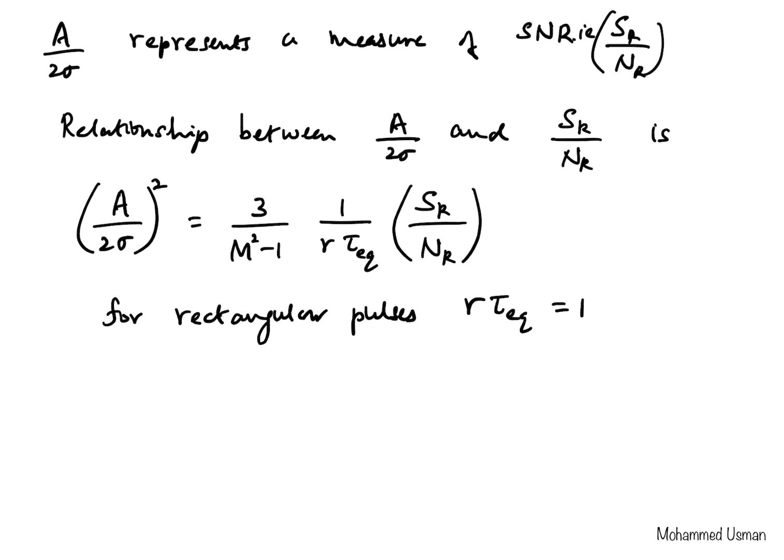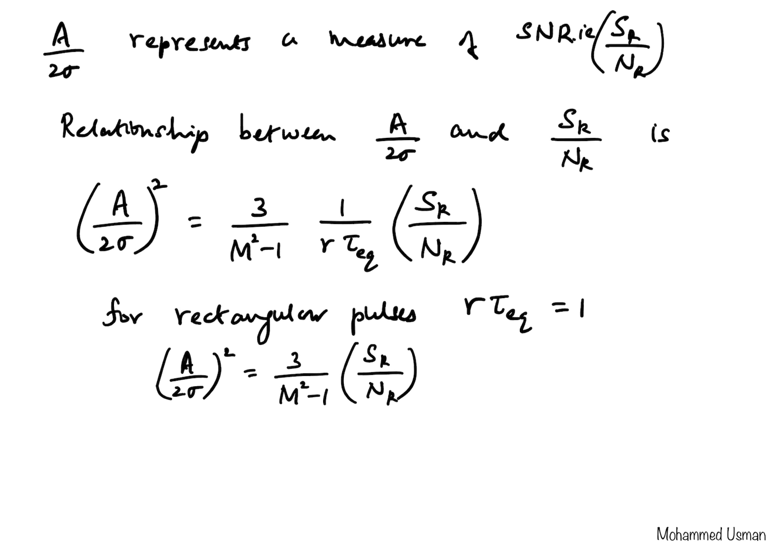So therefore, we can write A by 2 sigma the whole square as 3 by M square minus 1 times the signal to noise ratio, which is SR by NR.